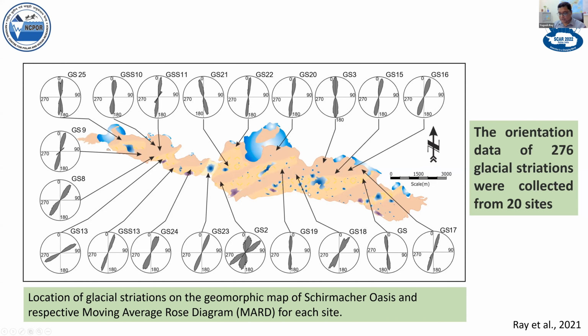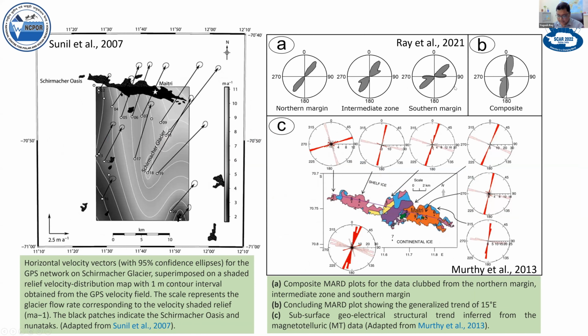The vector means of the northern and southern margins are 38 degrees and 60 degrees respectively, if you see here. Interestingly, the major sites along the northern margin of the Schirmacher oasis are north-south oriented, and these are mostly unidirectional.